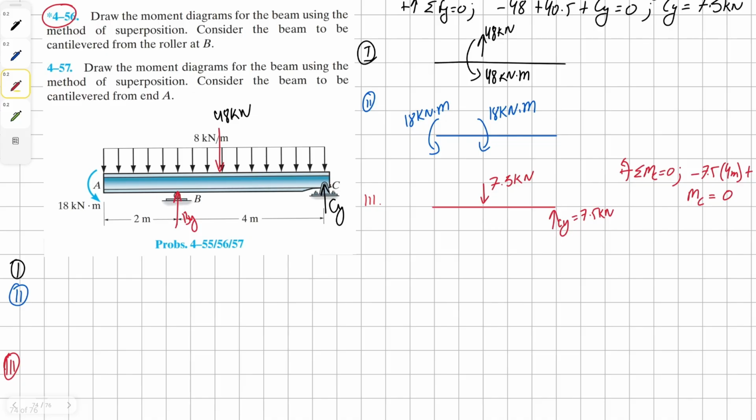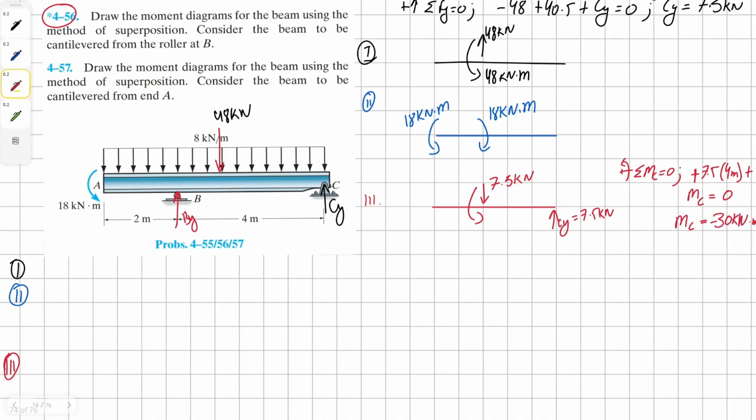So I'm assuming it to be counterclockwise. And our 7.5 is also counterclockwise. So this means when we solve for moment, we can have negative 30 kilonewton meter.